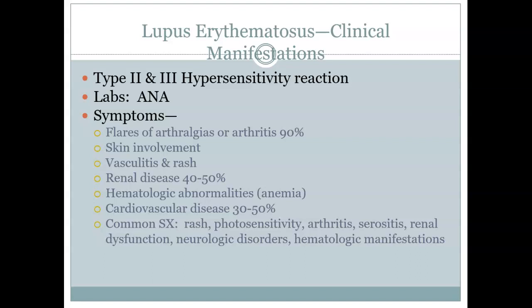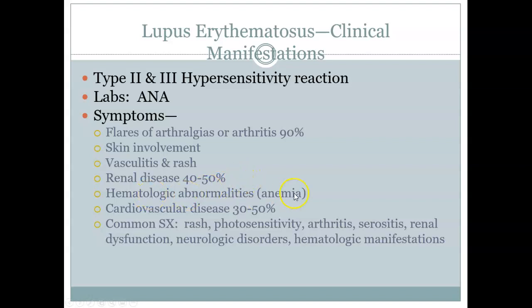The patient may have inflammation of the vessels or a rash. And like I said, these large immune complexes get lodged in the kidneys, so the patient has renal disease 40 to 50% of the time. My mom eventually went into chronic renal failure as a consequence of lupus.